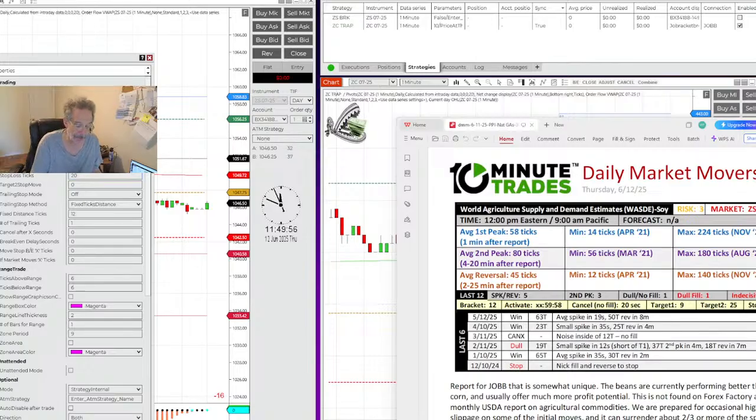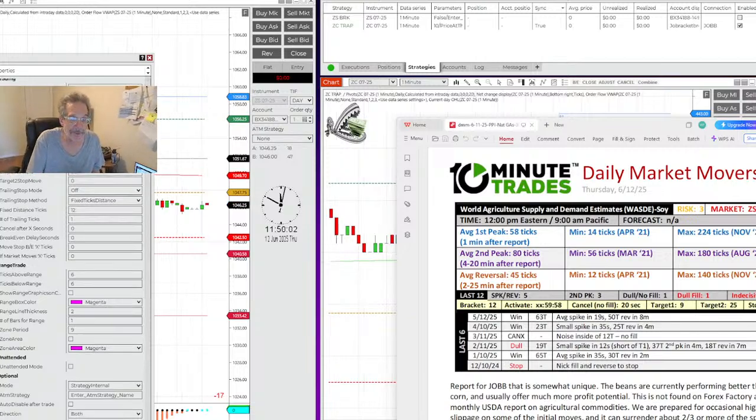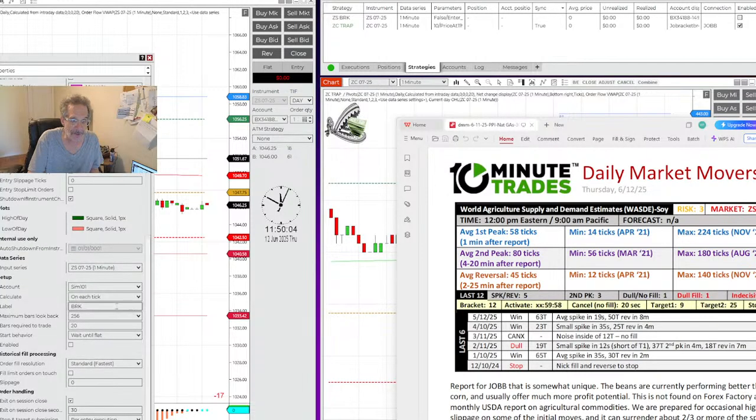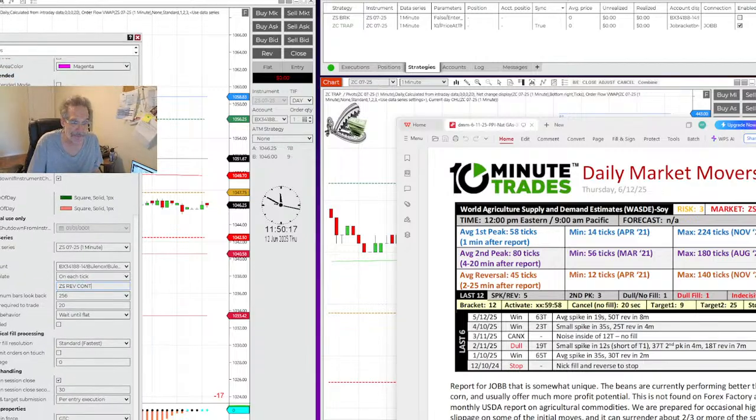All you need on a reversal continuation trade is a position, a target, and a stop. That's all you need. Then you choose the account you're trading in, right? And label it ZS reverse, whatever you want to call it. Just call it something different than your breakout. Apply it and OK it.